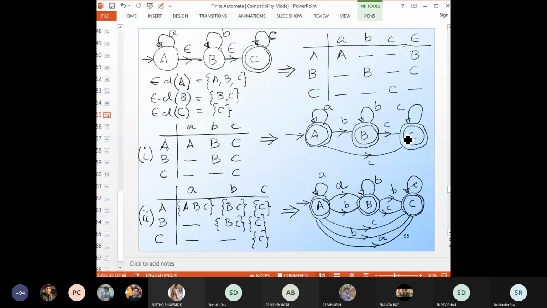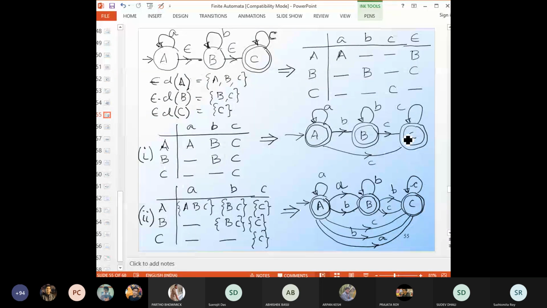Suppose I give you a particular English-like language and I ask you to create a finite automata for it, either NFA or DFA. It is possible that each of you will give me a different finite automata and all of you could be correct.